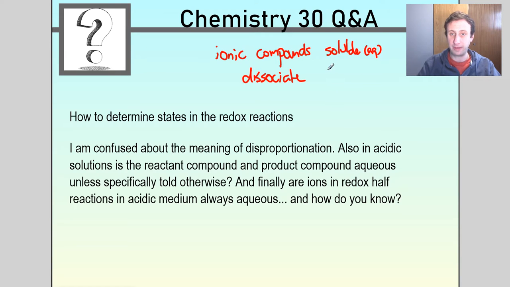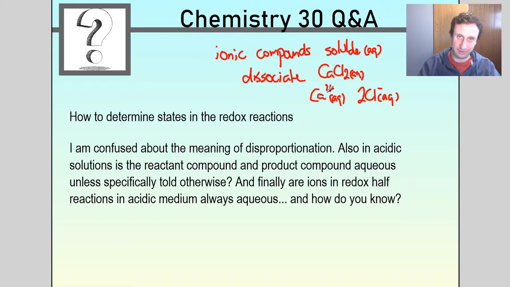So for example, if I have something like calcium chloride, CaCl2 aqueous, that means that what I actually have in solution is Ca2 positive aqueous, and I have 2 chloride ions as well floating around. It's not staying together as a compound, but it splits up into ions dissolved as an aqueous solution.